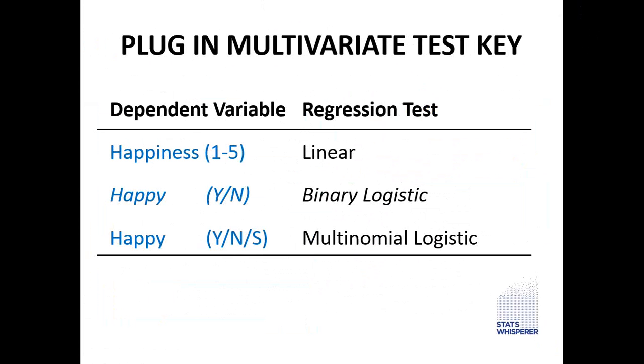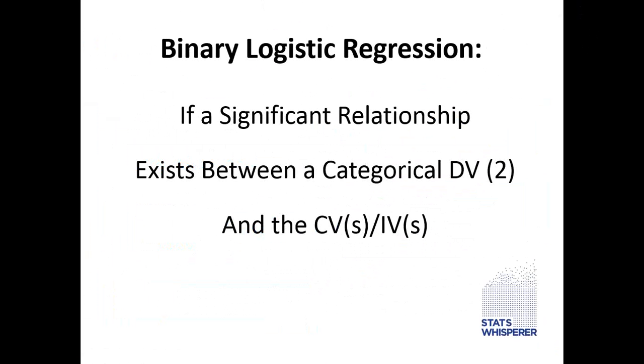So that's our way to go. So in general, what the binary logistic regression will tell us is a significant relationship between our categorical dependent variable, and the covariate and independent variable.